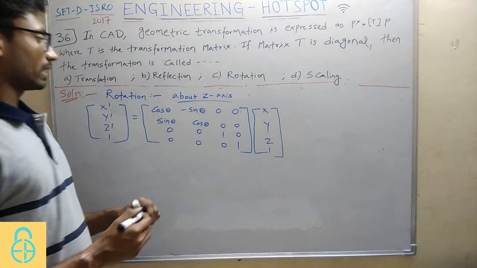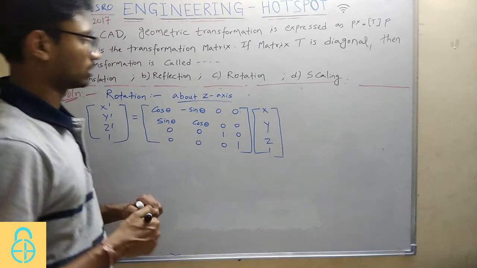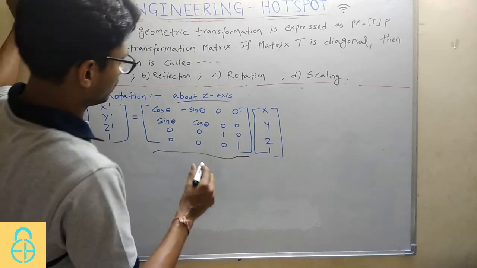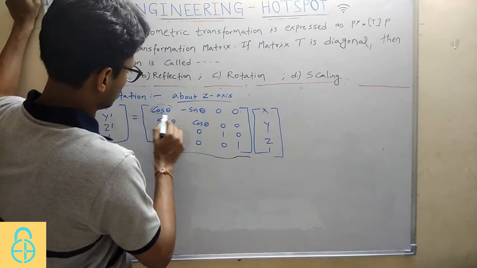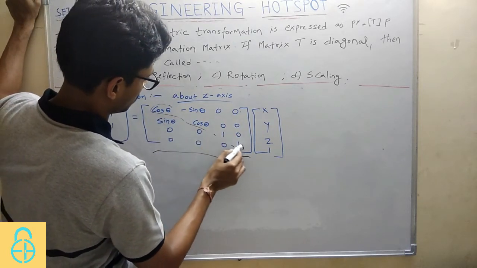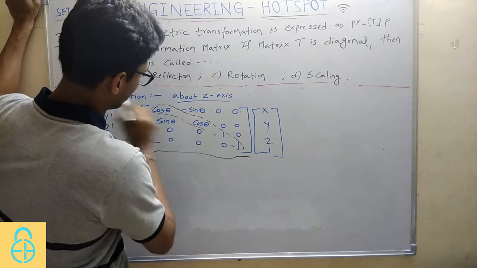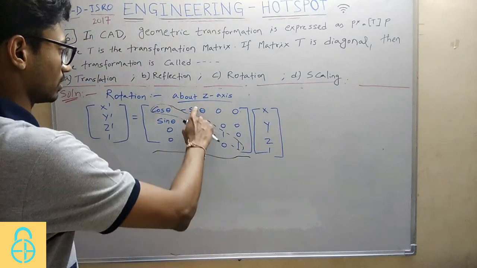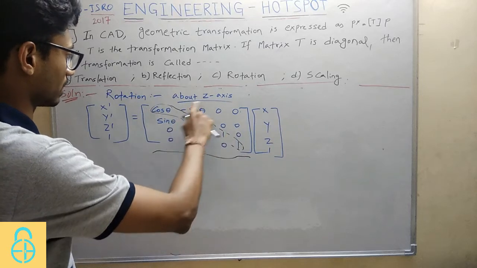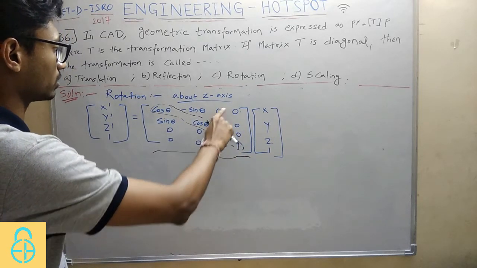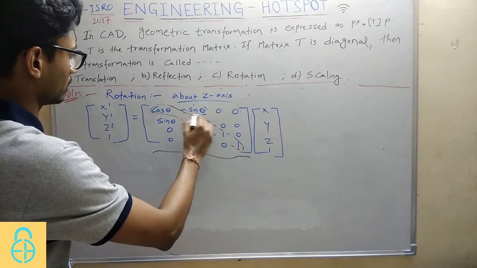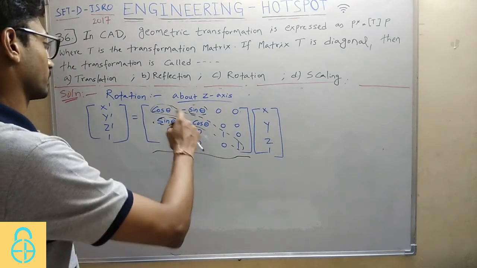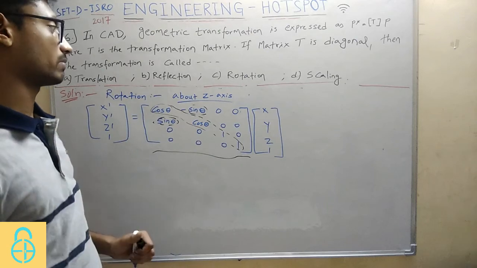Look at this matrix. The diagonal elements are present, but some of the remaining elements are 0, while this part and this part may not be 0. So we cannot say this is a diagonal matrix.